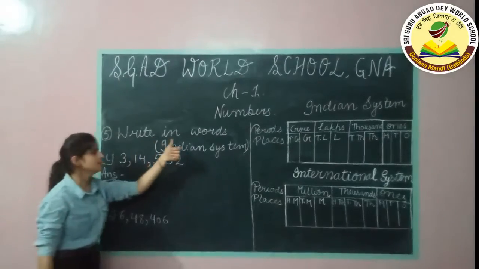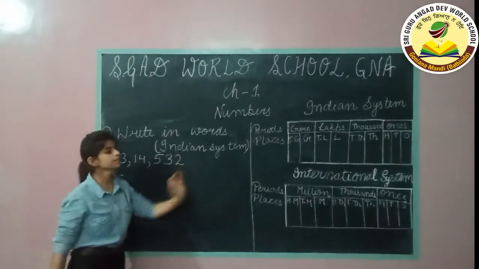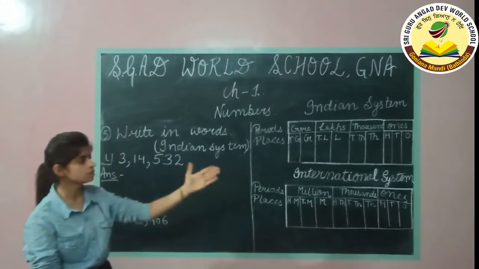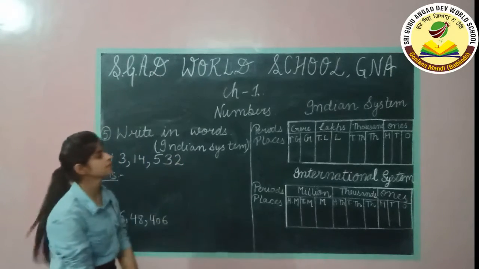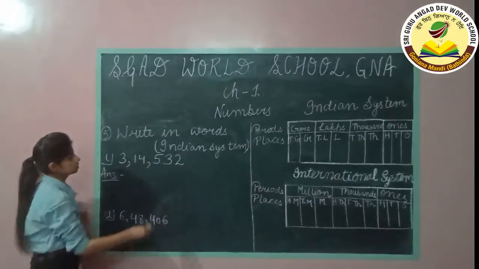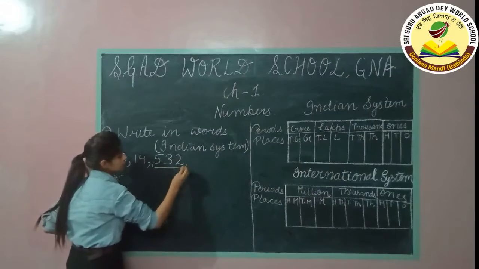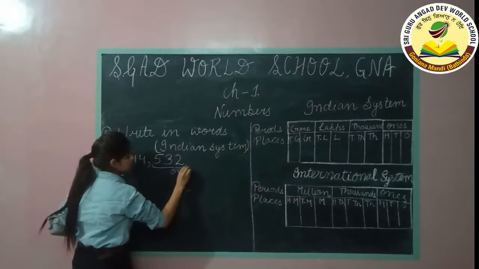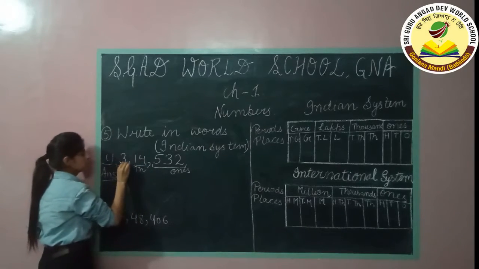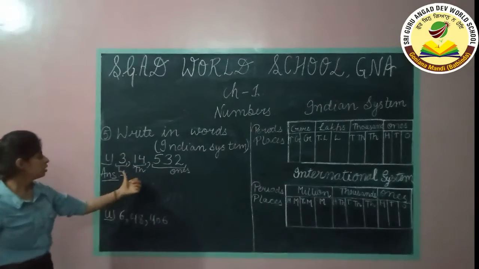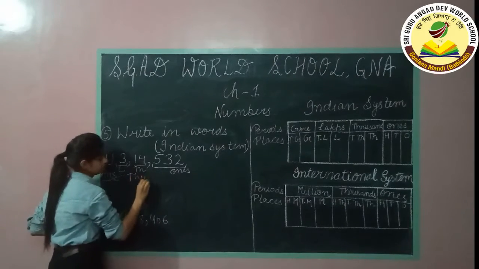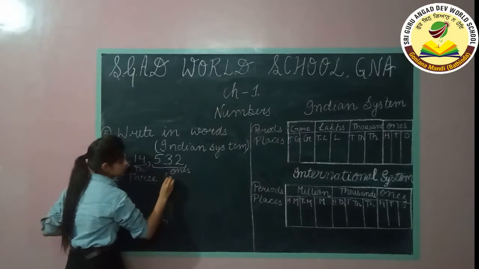The fifth question is: write in figures according to the Indian system. We previously discussed that the ones period contains 3 digits, the thousand period contains 2 digits, and the lakhs period contains 2 digits. This period is ones, this period is thousand, and this is lakhs. We write according to this: 3 lakhs.